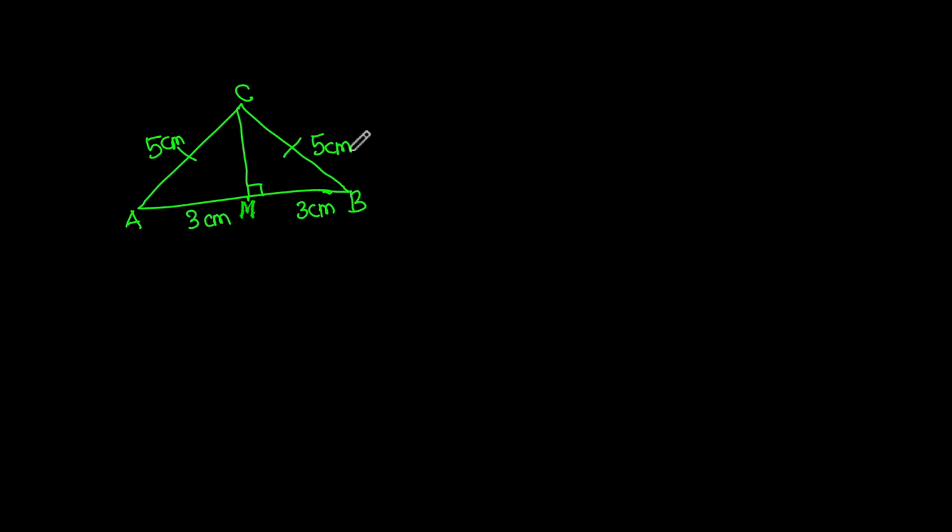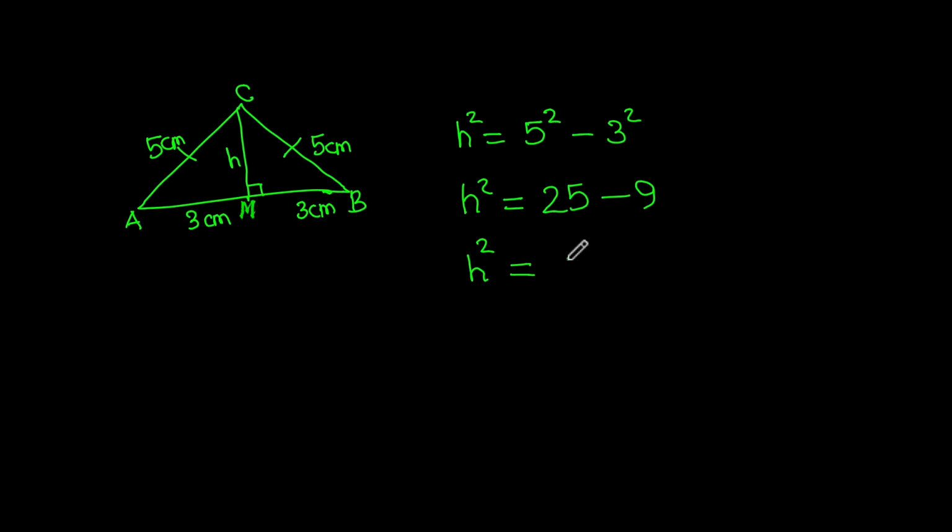So we can move on and take any of these sides here to calculate the height h. h will be calculated from the square of the hypotenuse minus 3 squared. So our h squared is equivalent to 25 minus 9. Now when we subtract 9 away from 25, we get 16, and we take the square root on both sides.